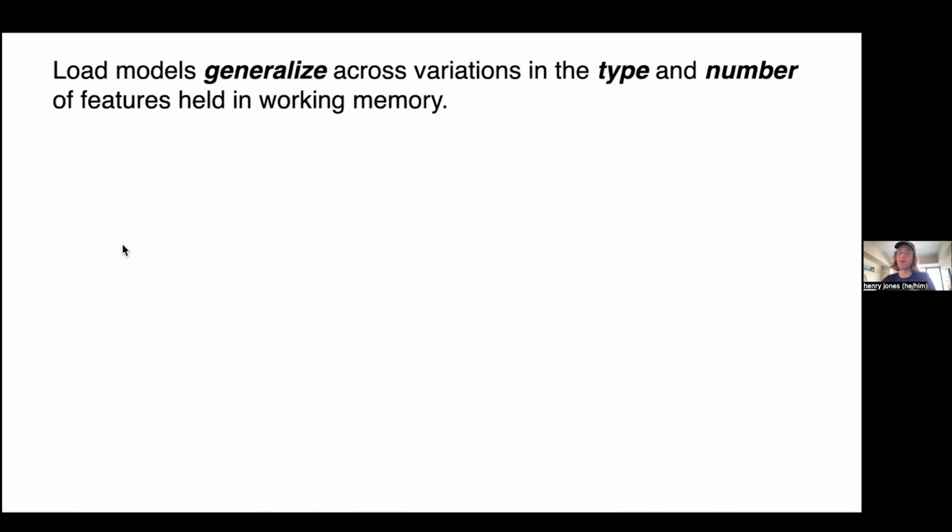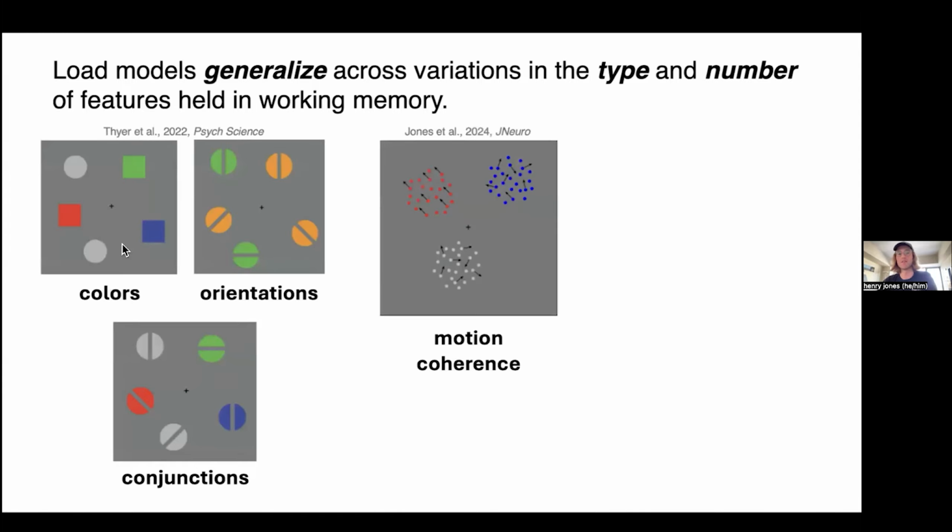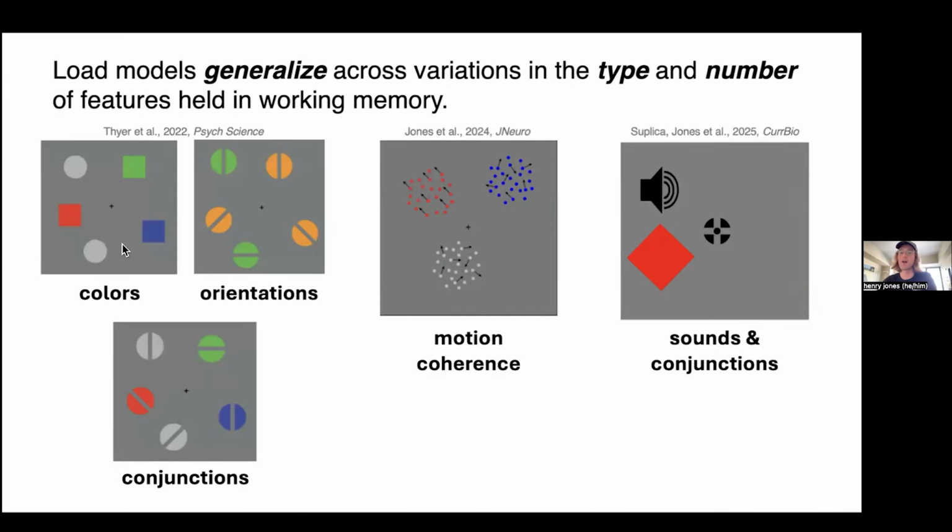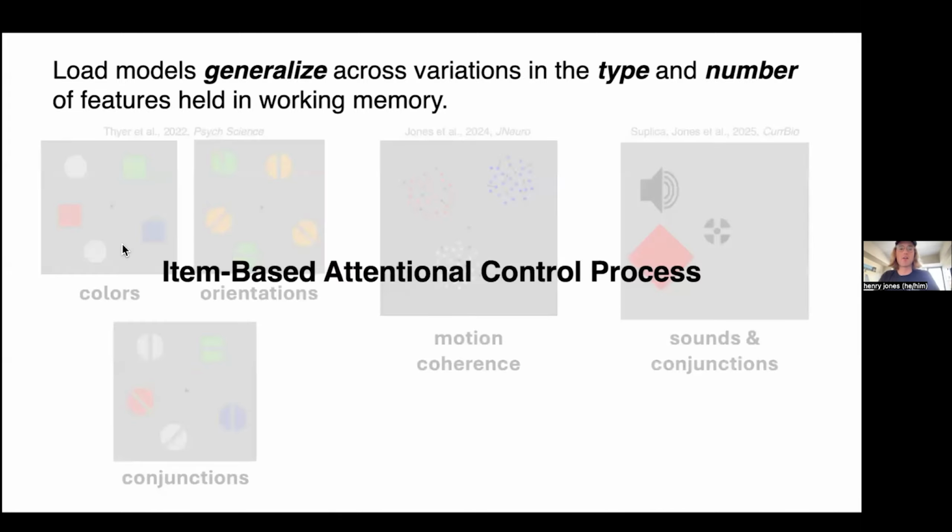So using this decoding approach, we found that our load models generalized across differences in type and quantity of features being held in memory, whether that was colors and orientations or motions or sounds. And so with this sort of testing framework, we were able to argue that the load signal is picking up on some item-based attentional control process.